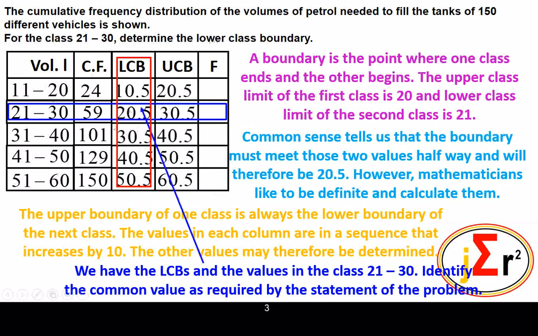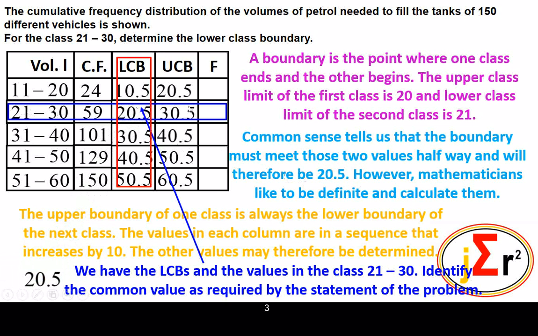So there we have the exact value, which of course is the common value of the set of lower class boundaries and also the values in the class 20 to 30. And that value no doubt will be 20.5. And our question is answered.